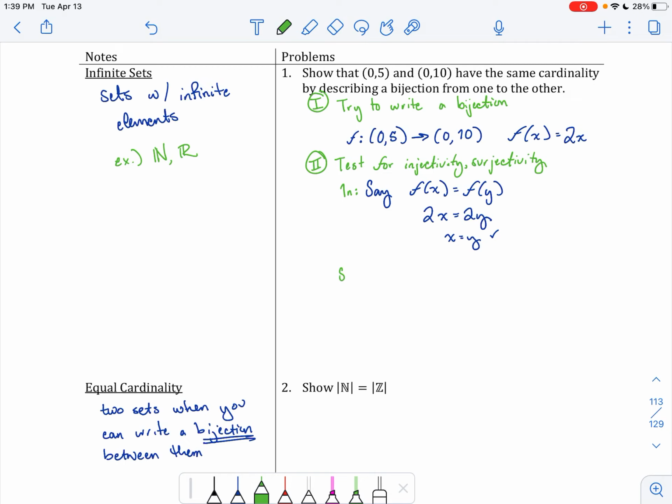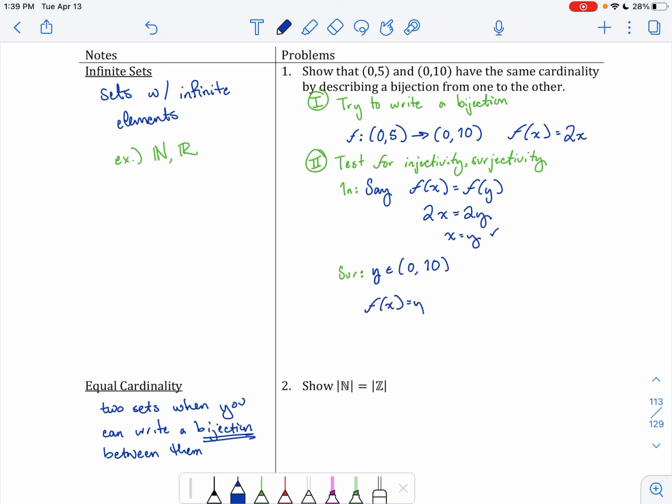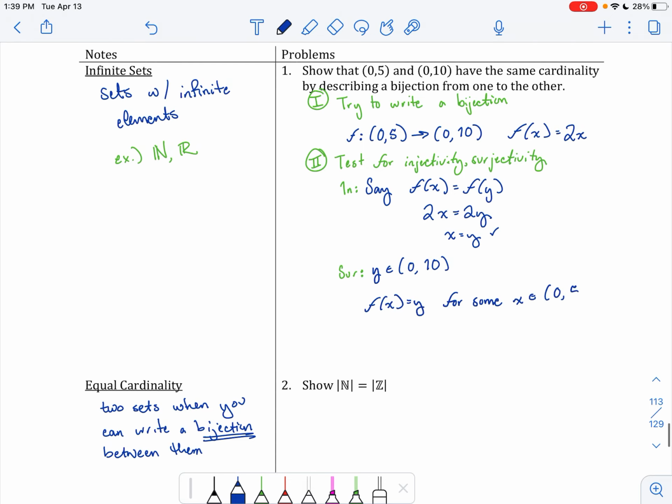Excellent. For our surjectivity, we want to say that x is in the codomain, so x is in 0 to 10, like so. Well, I'm actually going to change that to y so that our notation's a little bit easier. So then we want to show that f of x is equal to y for some x in 0, 5.